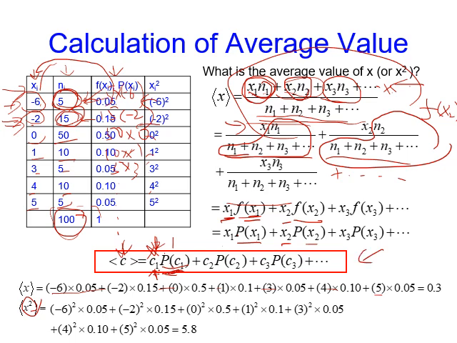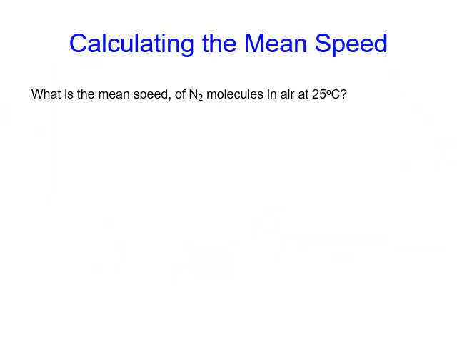So with this equation, let's calculate the average speed with the Boltzmann-Maxwell distribution. Now, if we have a collection of nitrogen molecules at 25 Celsius, what is the average speed, or the mean speed, meaning the average speed?